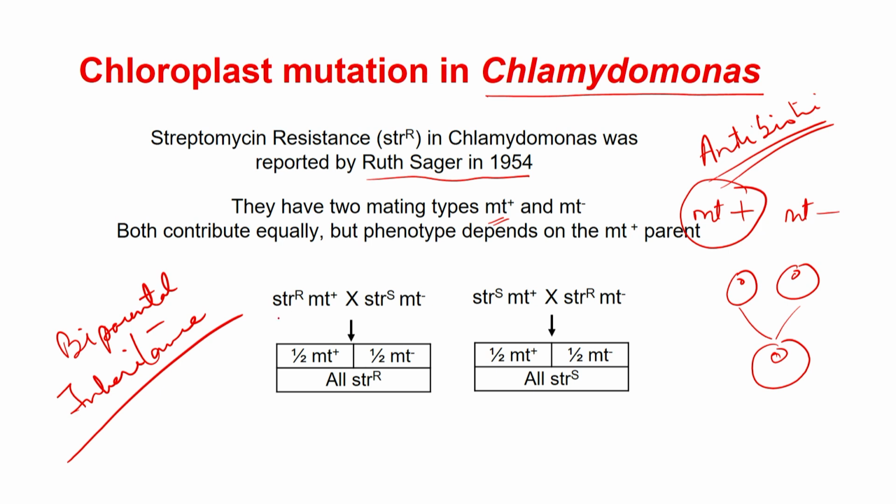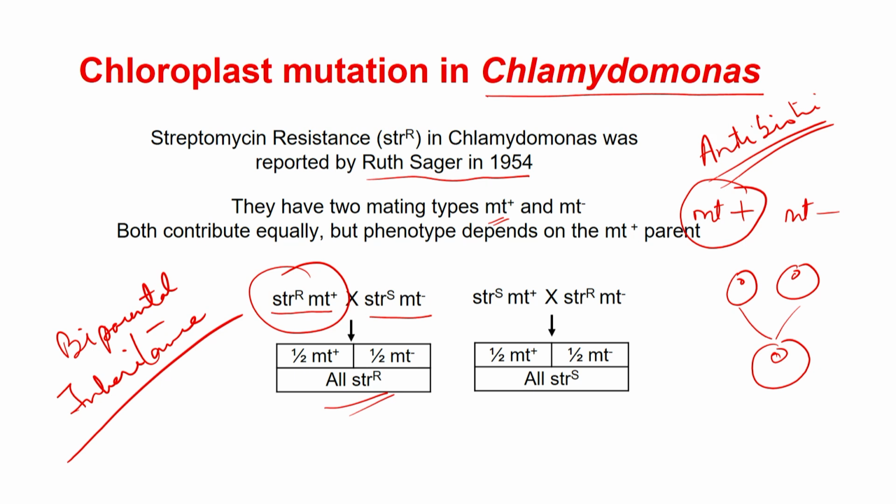So, in a cross between streptomycin resistant MT plus and streptomycin sensitive minus, half of them are MT plus, half of them are minus, but the phenotype of all the progeny is streptomycin resistance, because the plus strain was streptomycin resistant, right.